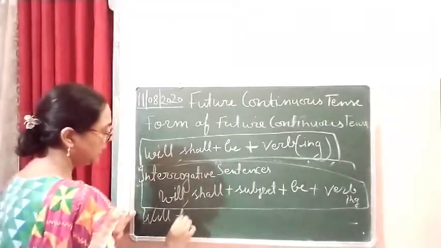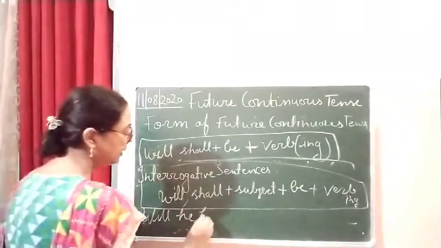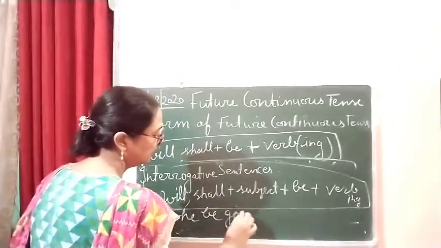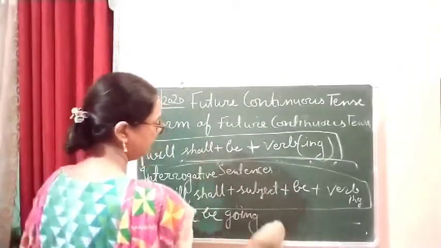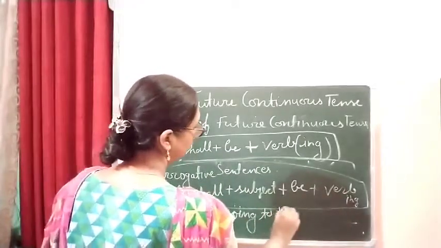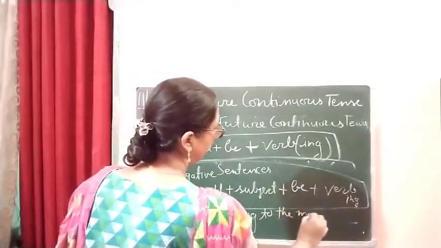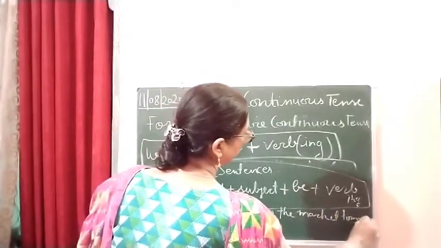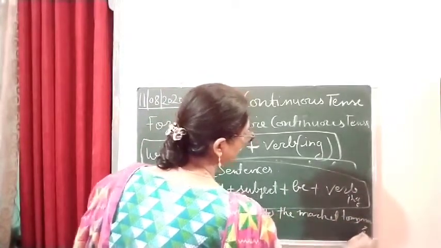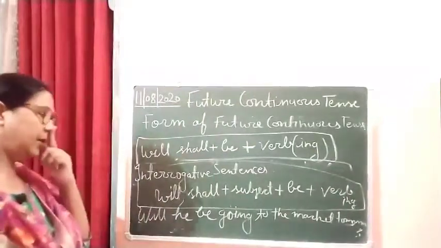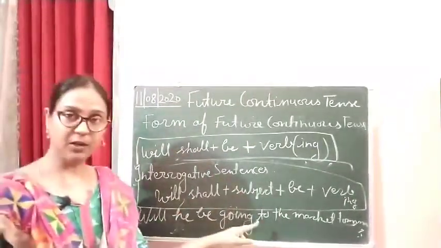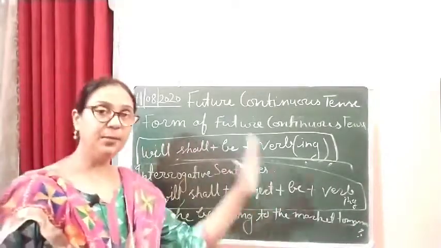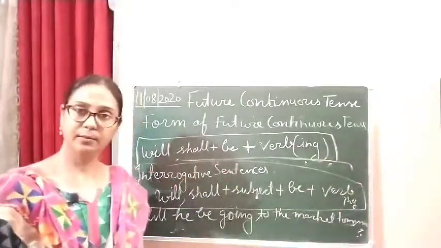Will he be going to the market tomorrow? So we always have to remember: will, shall, then subject, then be and then verb.